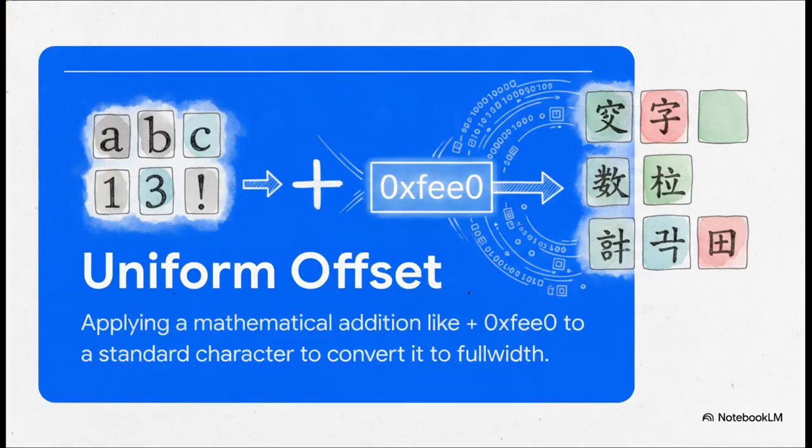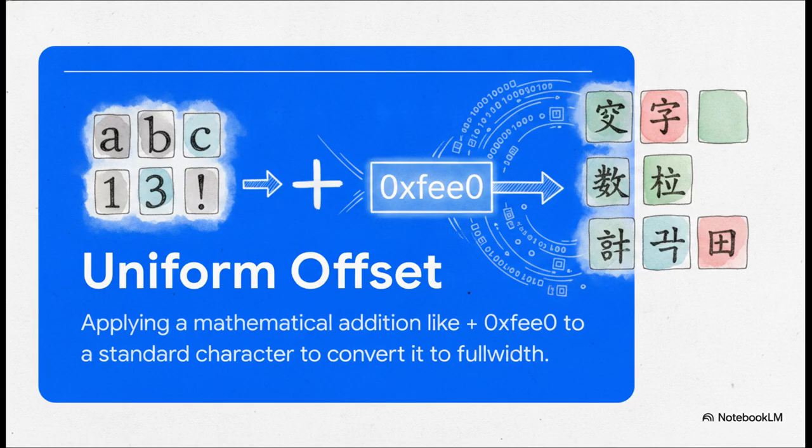To understand the motive behind this bug, we got to look at how computers handle text, specifically converting standard single-width characters into the wider double-width characters used in CJK. That's Chinese, Japanese, and Korean formatting. To make the code run faster, Ang applied a neat mathematical shortcut called a uniform offset.